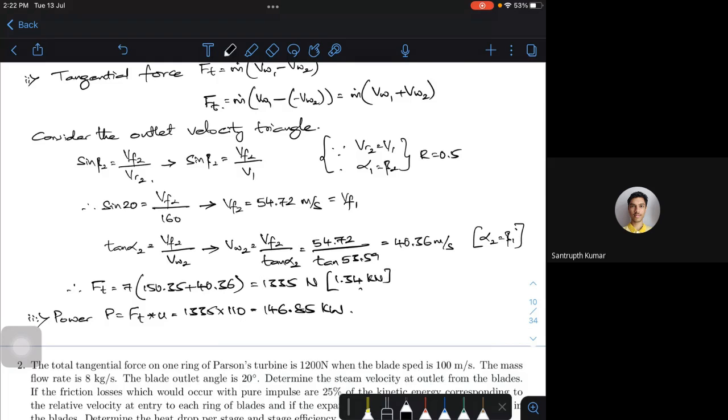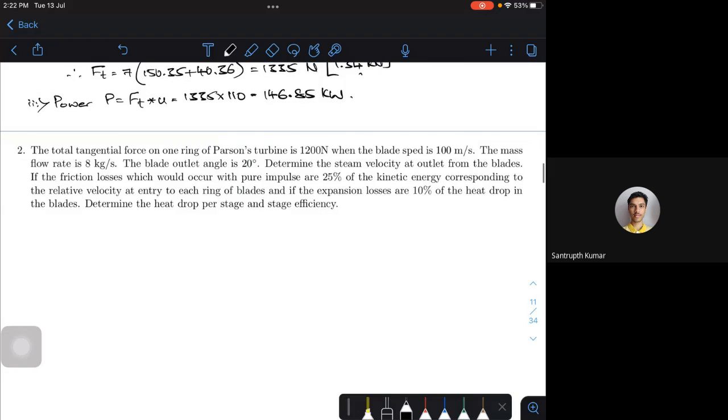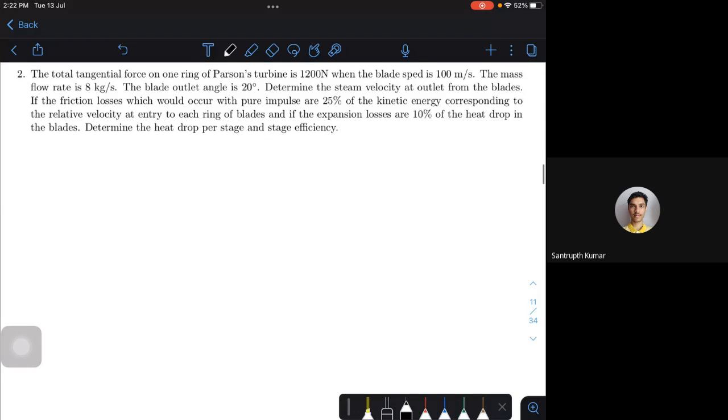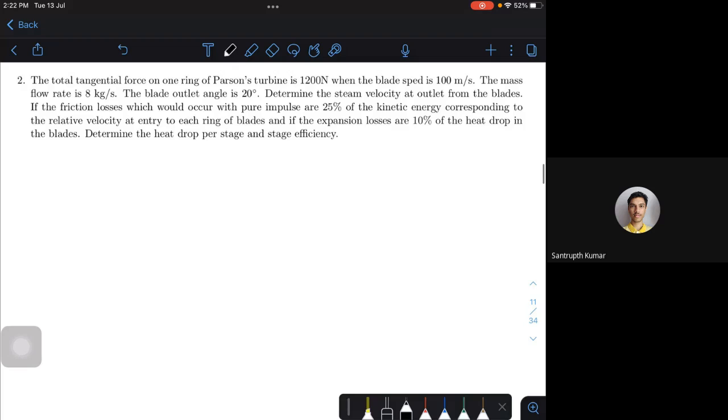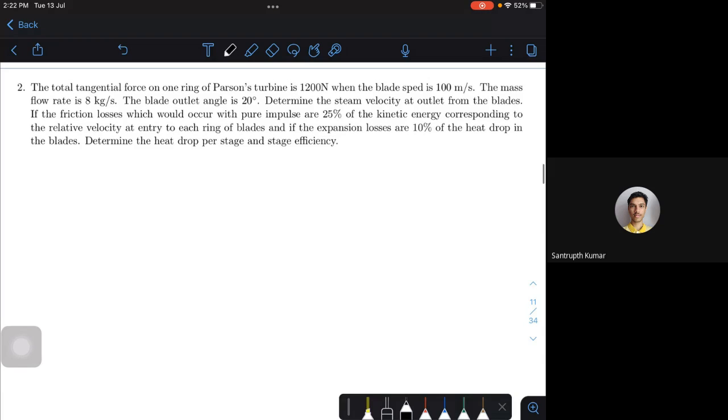Is that clear? So same problem, you people try to solve using the graphical method on a graph sheet, whereas I am using the trigonometric method, and try to find the difference between them. Is that clear?